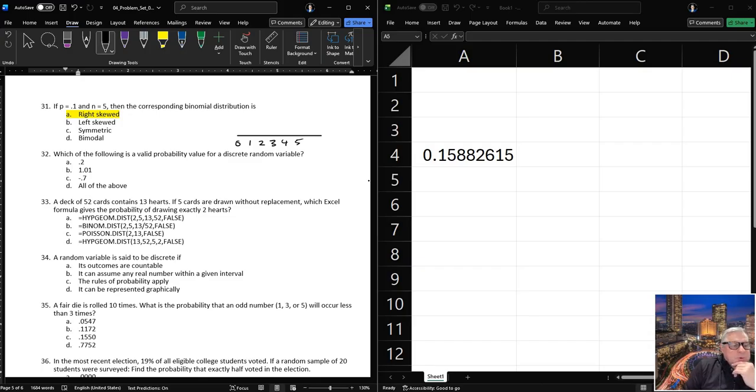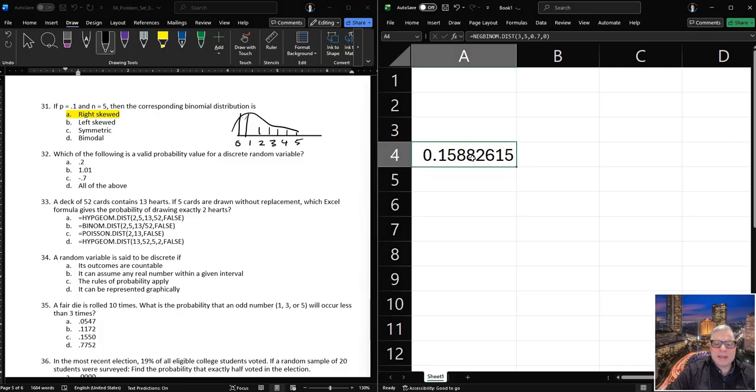So the highest peak is down here, where barely any successes happen, 0 or 1, but then it fizzles out, so it's skewed to the right.